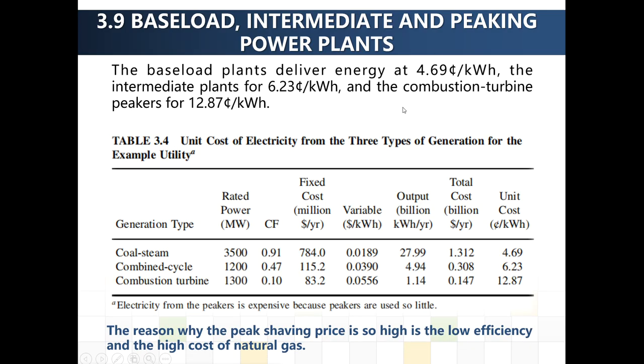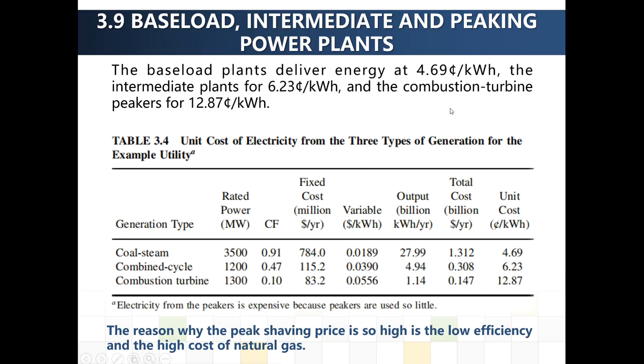The baseload power plant delivers energy at 4.69 cents per kilowatt hour. And then the intermediate power plant, the combined cycle power plant, delivers at 6.23 cents per kilowatt hour.